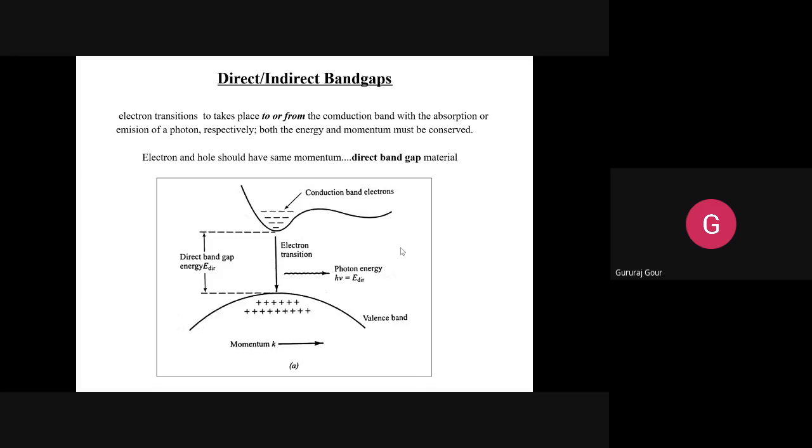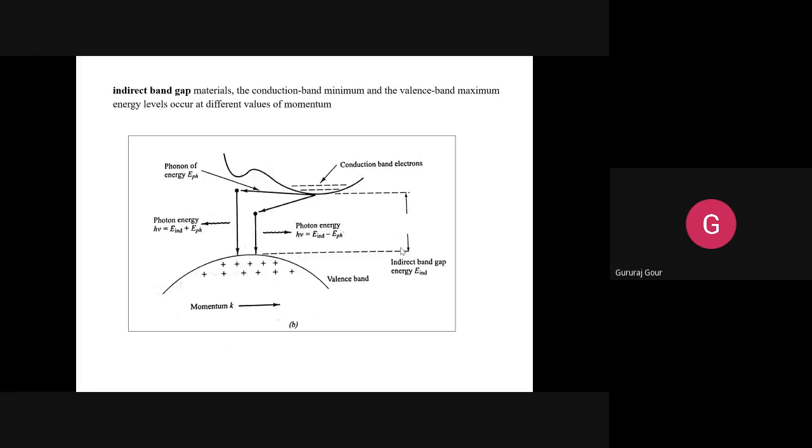The momentum with which the charges are moving in both valence and conduction bands is the same. And with respect to indirect band gap materials, based on their nature, it will be different. They will achieve different kinds of momentum with respect to their charges moving in valence and conduction bands.